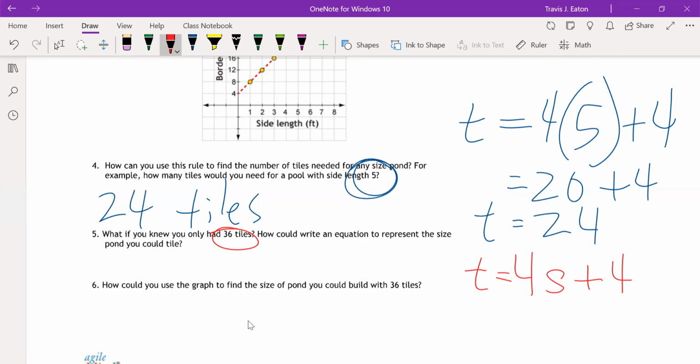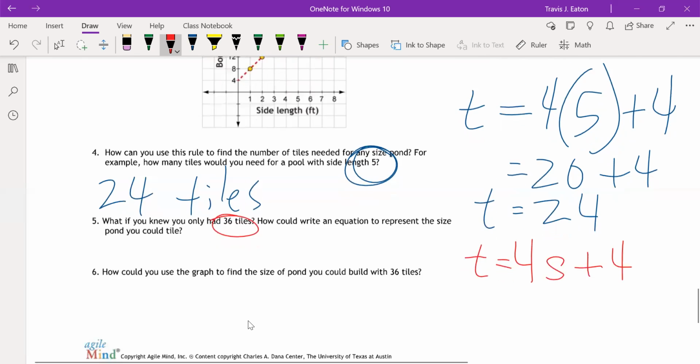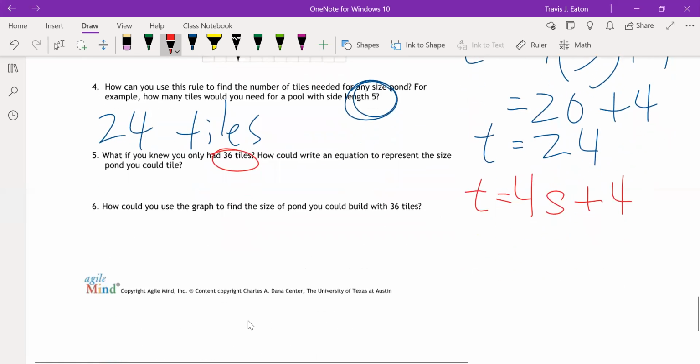That's our formula. So what do these variables represent? S represents the length of the sides. And T represents the number of tiles that it would take to go around that pond.